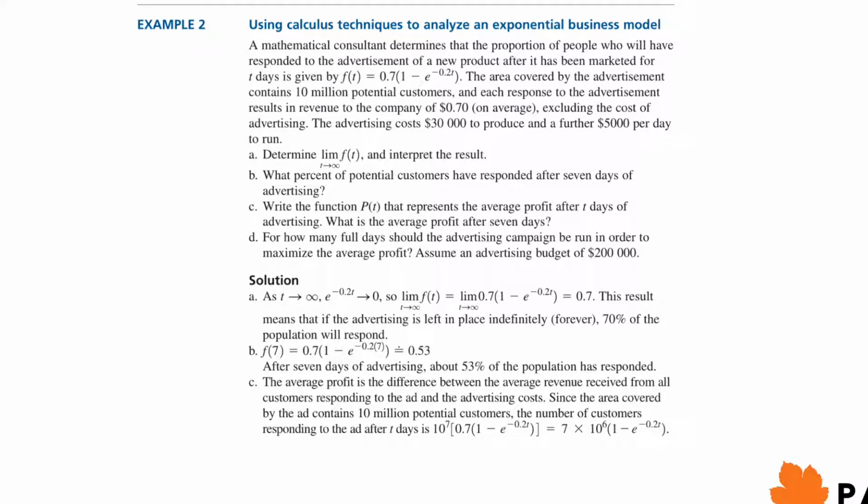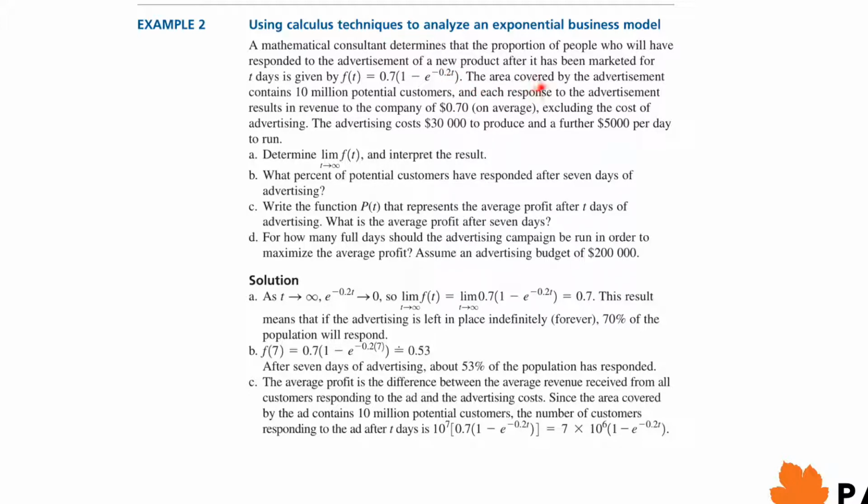Next example, a mathematical consultant determines that the proportion of people who will have responded to the advertisement of a new product after it has been marketed for t days is given by f of t equals 0.7 times (1 minus e to the power of minus 0.2t).